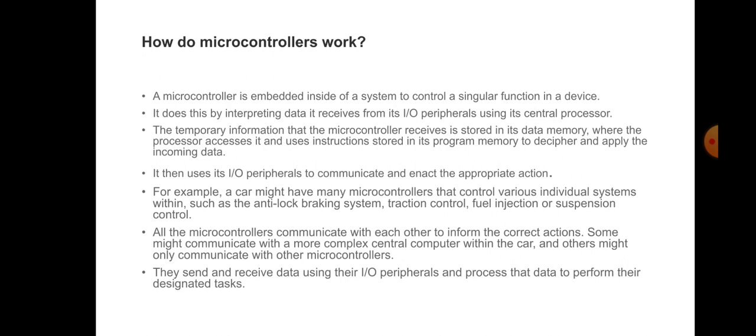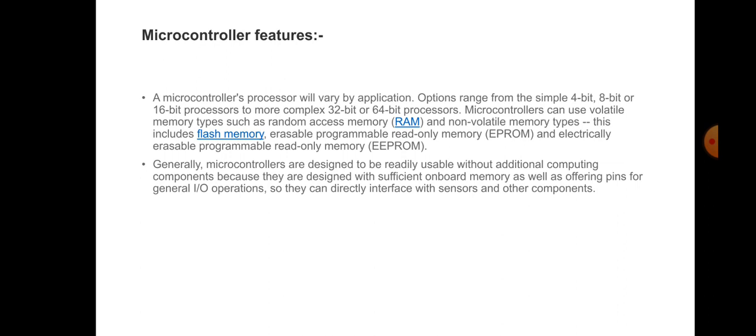Some might communicate with a more complex central computer within the car, and others might only communicate with other microcontrollers. They send and receive data using their input/output and processor to perform their distributed tasks.